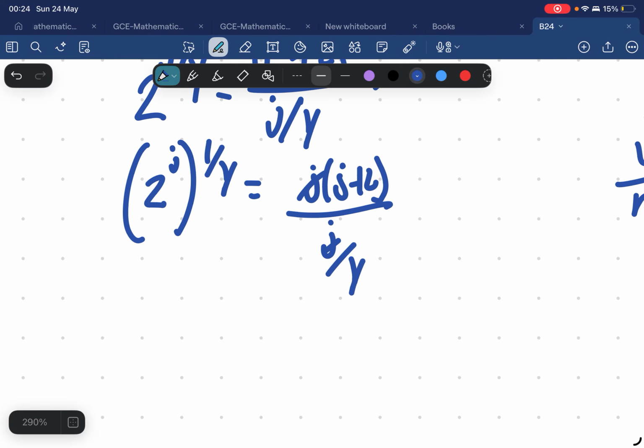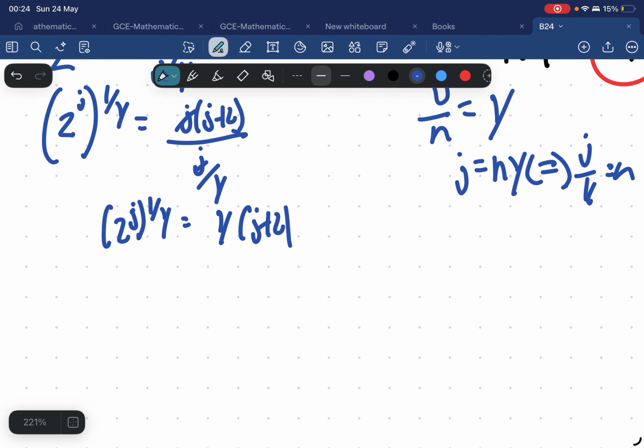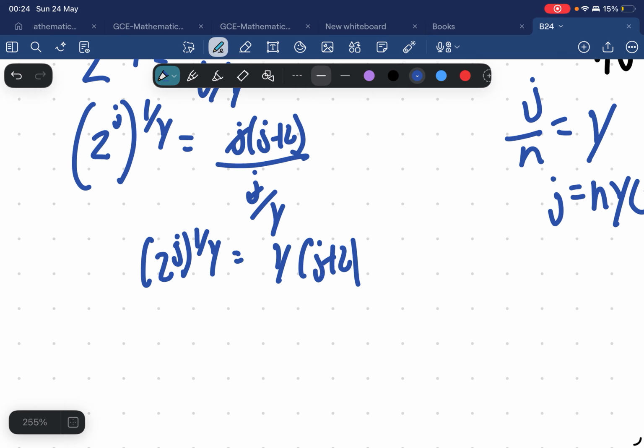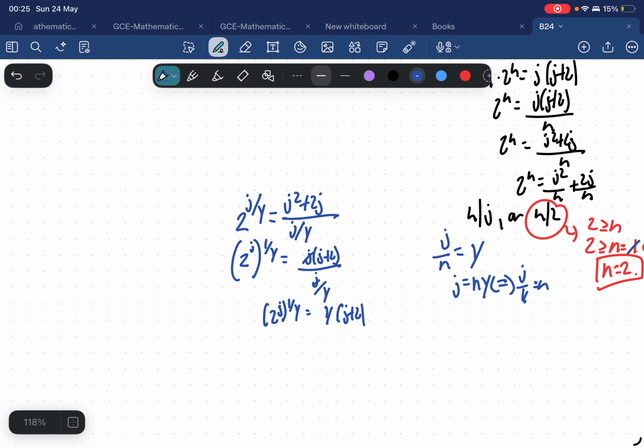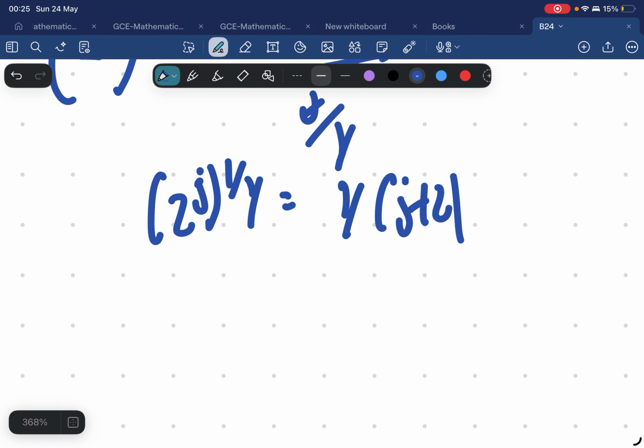You're left with 2j to the 1 over gamma, sorry, is equal to gamma j plus 2. So what do you find gamma to be? Gamma, can't really bound anything with gamma, really, as of right now.